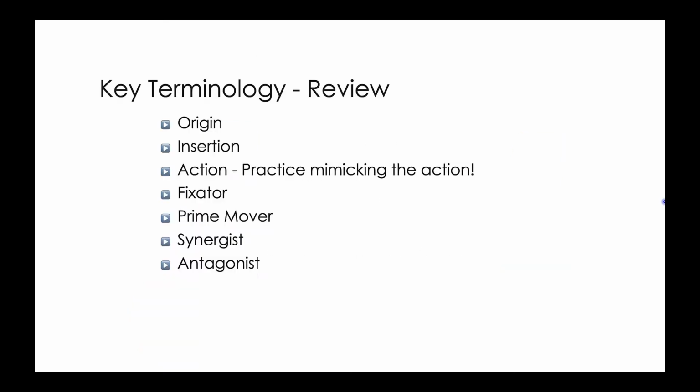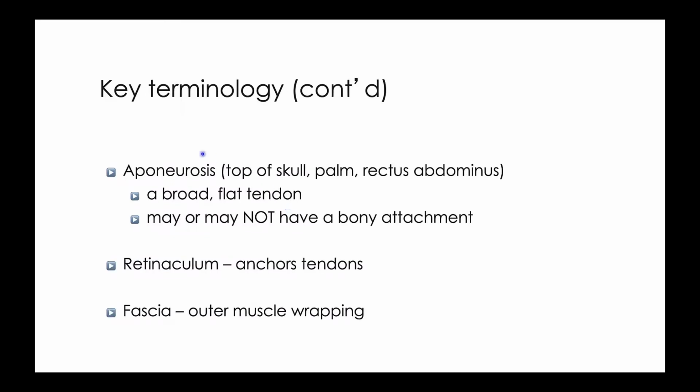Now, just a quick review, these are some terms that you're really gonna need to know moving forward. You're gonna use origin, insertion, action, synergist, and antagonist a lot as you move forward. Less so with fixator and prime mover. A couple of other terms that you'll see as we move through these next few lectures, the first being aponeurosis.